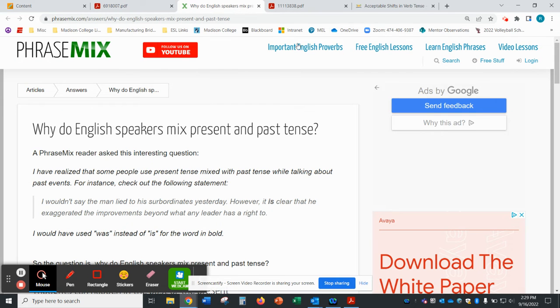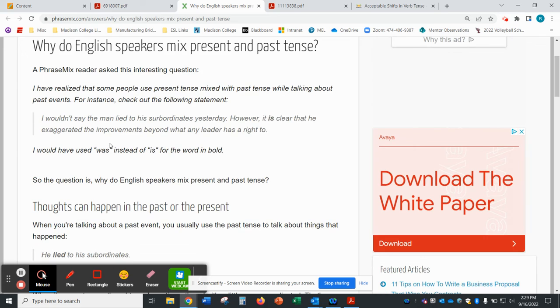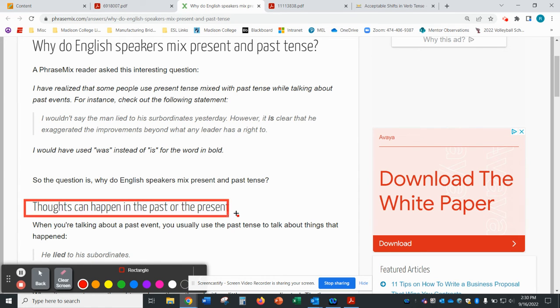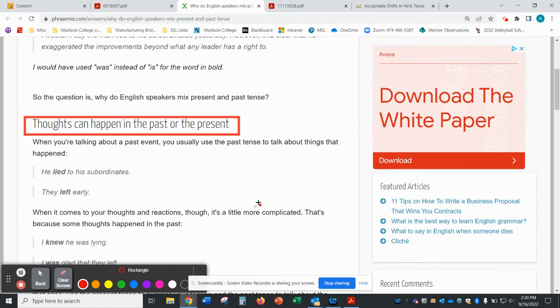So, why do English speakers mix their tenses? This is taken from phrasemix.com. And there's four reasons that this author highlights about why they do it. They do it because thoughts can happen in the past or the present, and so we express different ideas when we're talking about what we think.